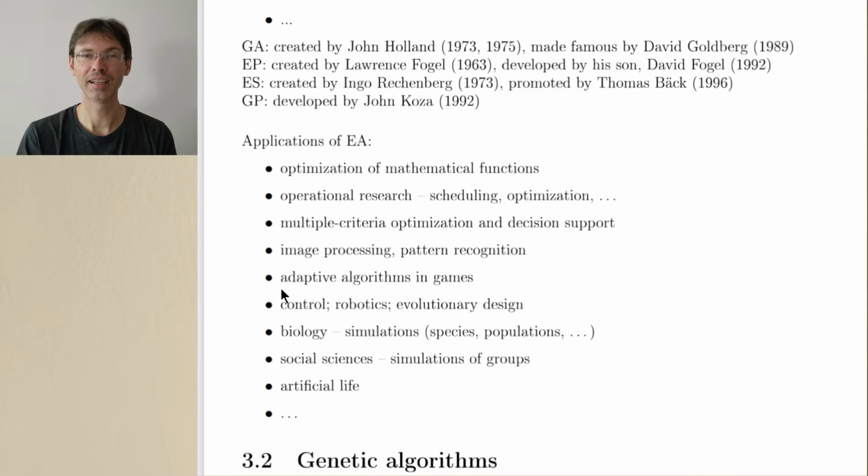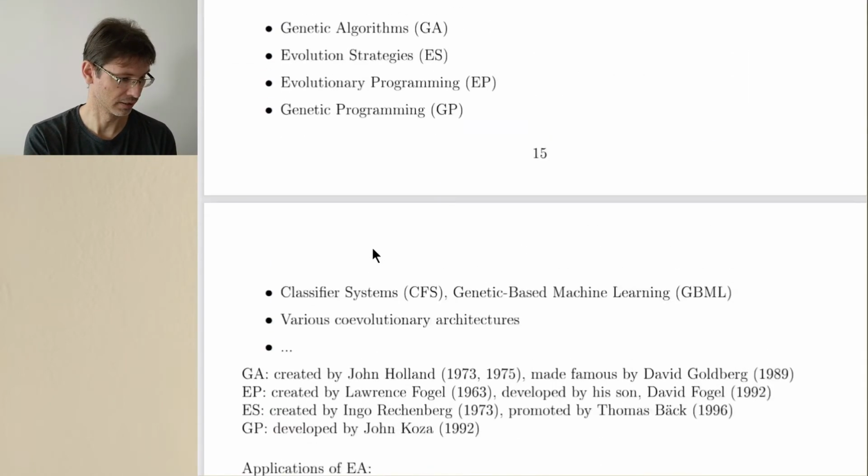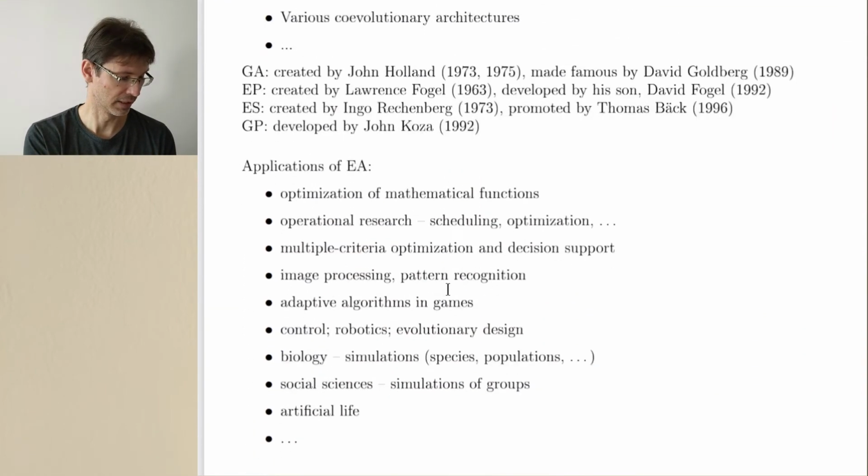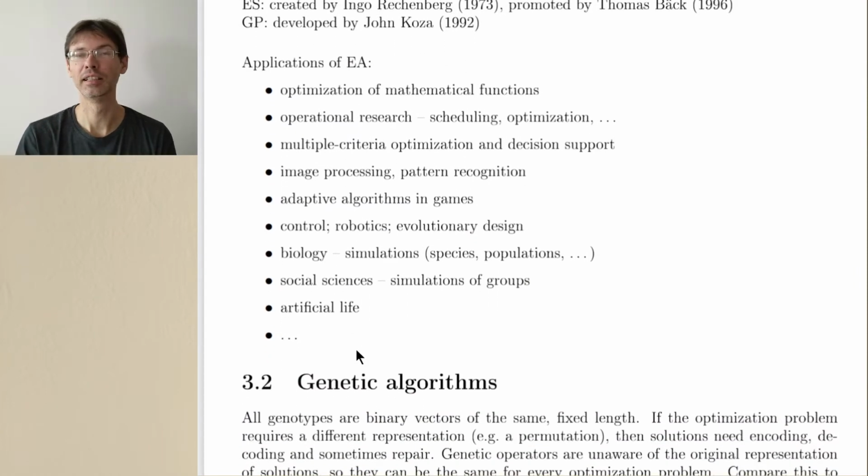Our first kind of evolutionary algorithms is genetic algorithms. So you remember this list here. We start with GA, genetic algorithms. And how are they characterized? Their specific feature is that every solution is encoded with zeros and ones. So it's a binary vector.